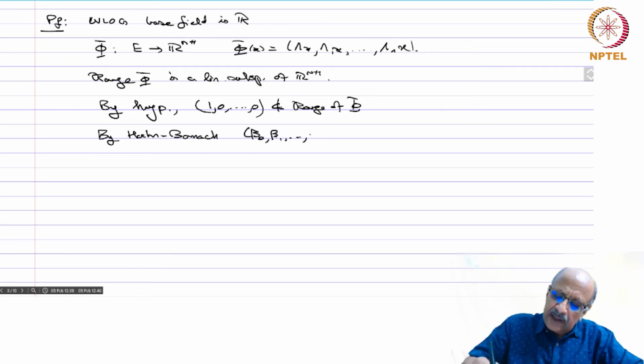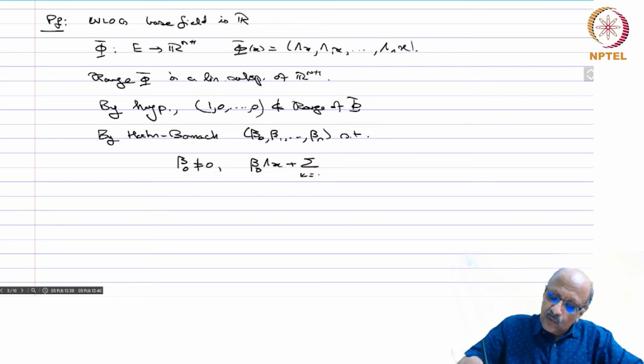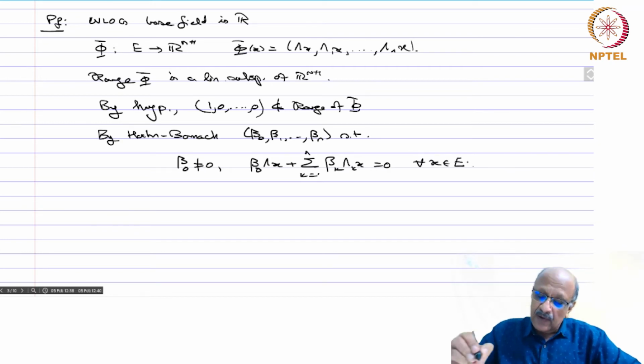It's nothing but n plus 1 scalars, such that its action on (1, 0, ..., 0), namely beta naught, is not equal to 0, and its action on the range gives beta naught lambda x plus the sum over k equals 1 to n of beta k lambda k x equal to 0 for all x in E. So this is nothing but a statement of the Hahn-Banach theorem.